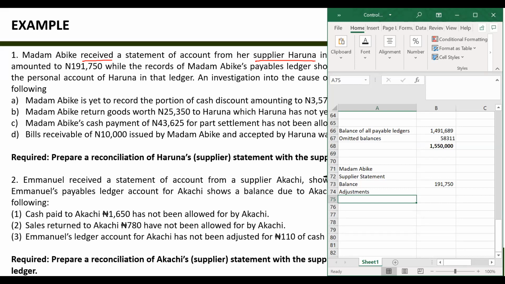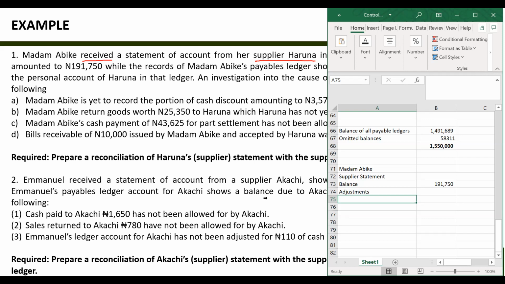Tell me, is this going to increase how much Madam Abike is owing or going to reduce how much Madam Abike is owing? That's the same principle. Should I remove the Excel so that I can read it?